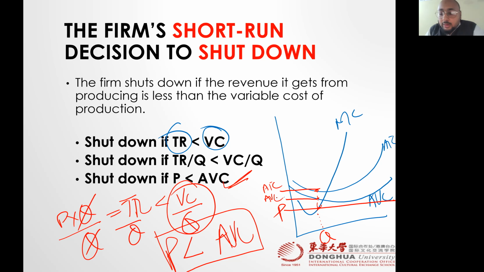It is the production cost, the cost that increases or decreases with the level of output. So when you increase production, you have more loss. So the firm shuts down if the revenue it gets from producing is less than the variable cost of production.